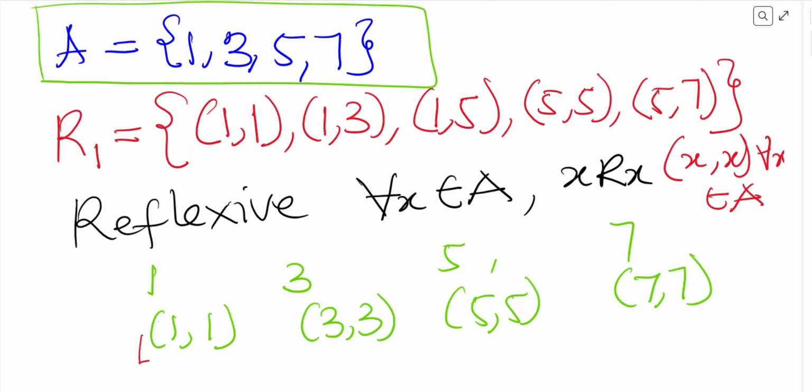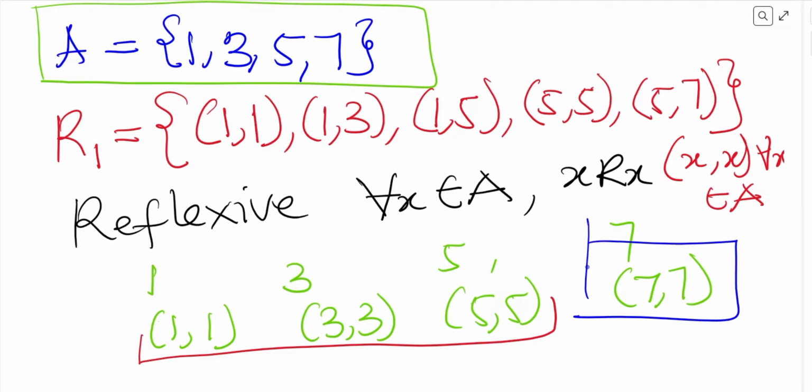If it contains up to this and this one does not appear, it is still not reflexive. It must contain every element mapping to itself. Otherwise, it is not reflexive.